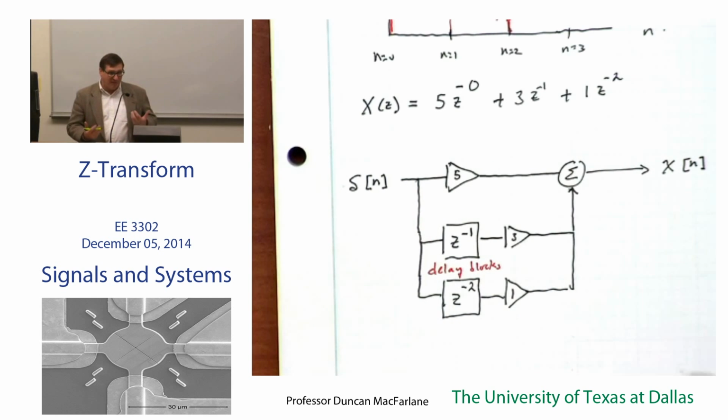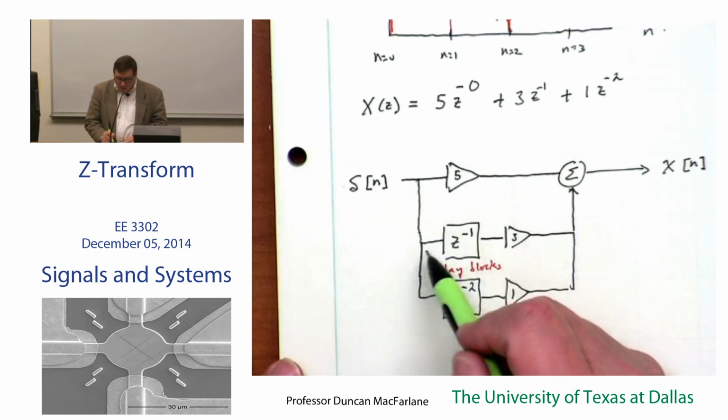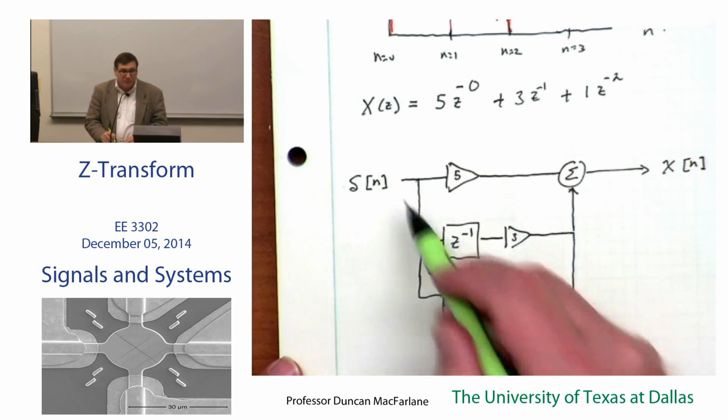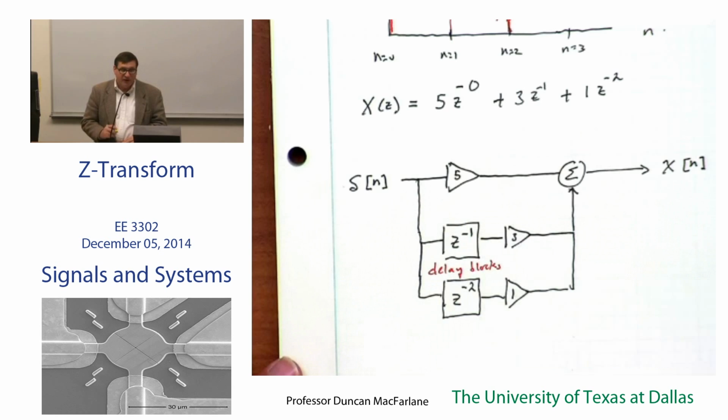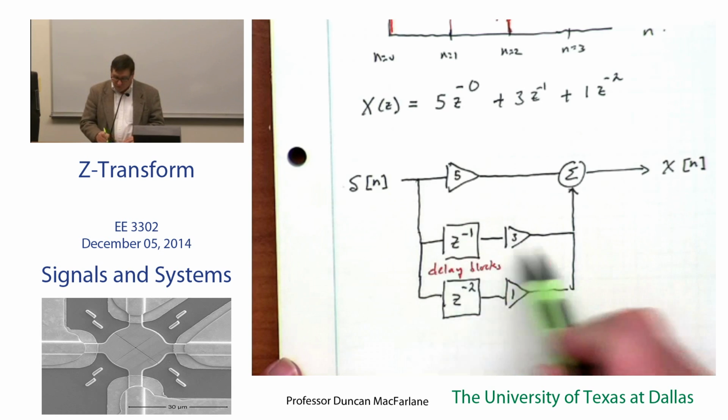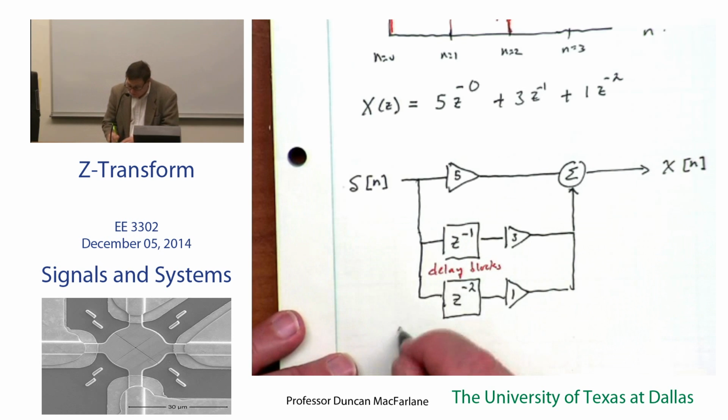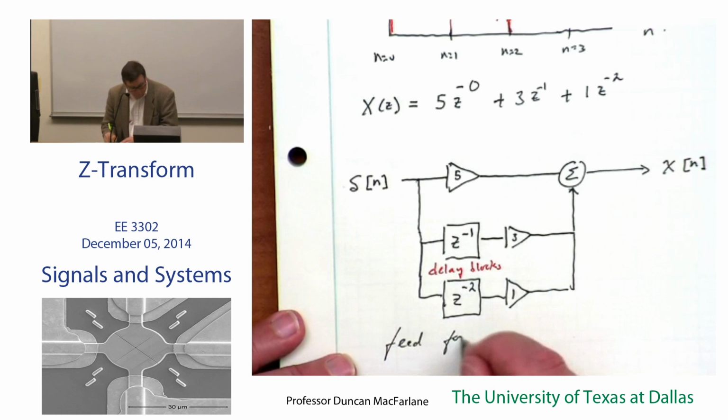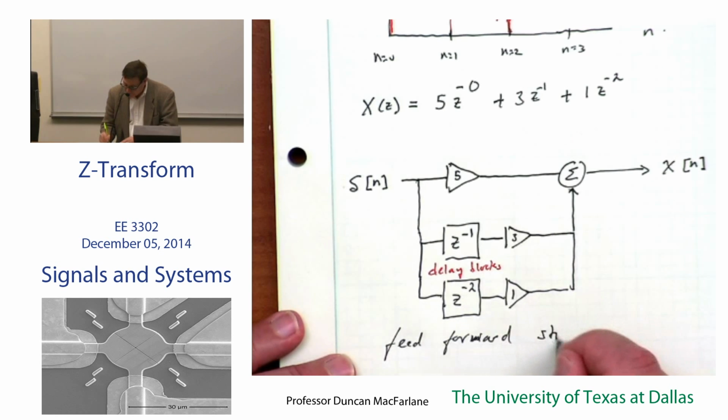That's the filtering problem. When we think about it, we like to classify them. If you look through all of these, they are feed forward. So they all flow forward in the signal. So we call this a feed forward structure.